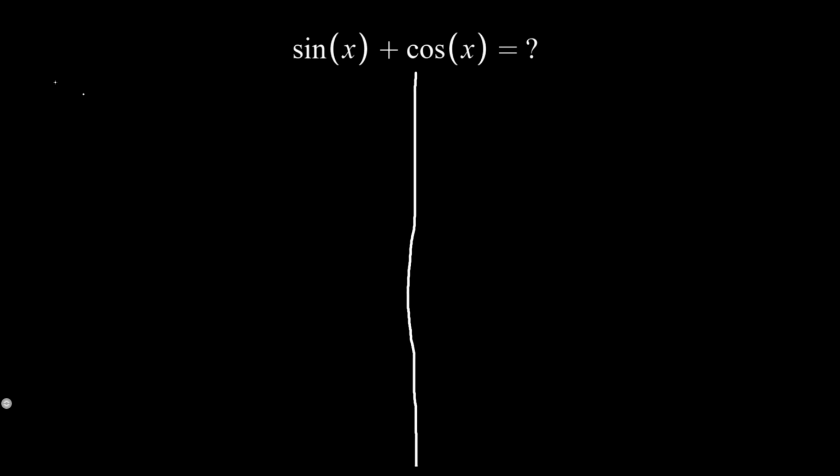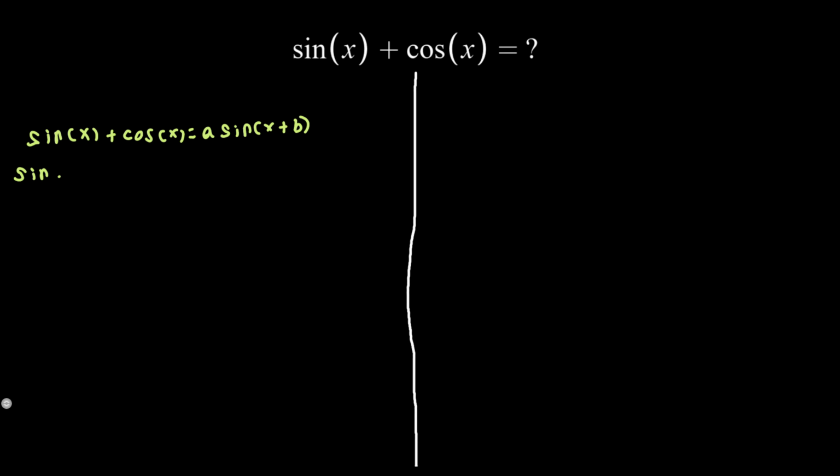Here, I'm going to solve for just the sine part. So we're going to assume that sine of x plus cosine of x is equal to a sine of x plus b. And here, we're going to expand the right side using the sum formula for the sine function.